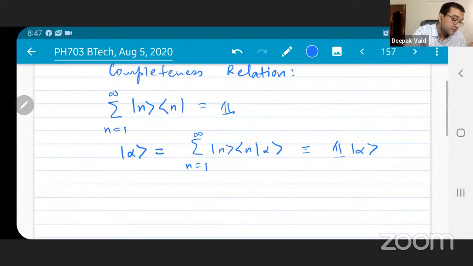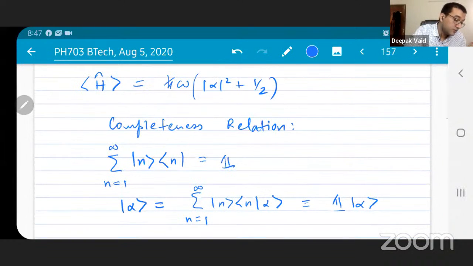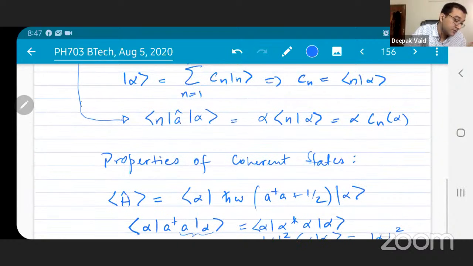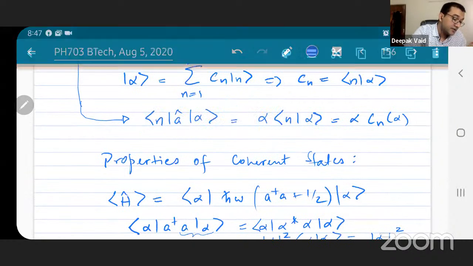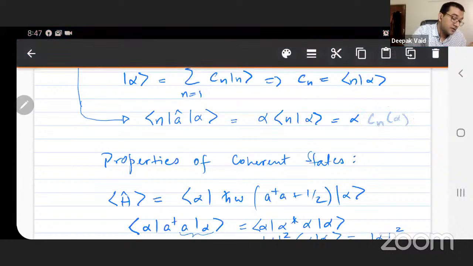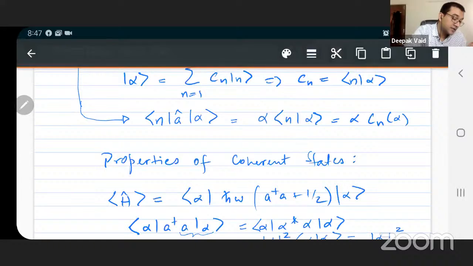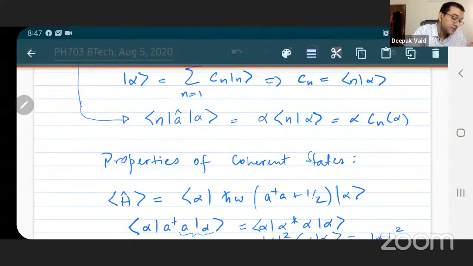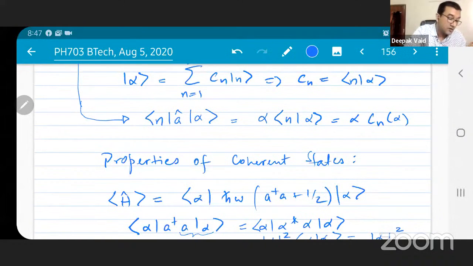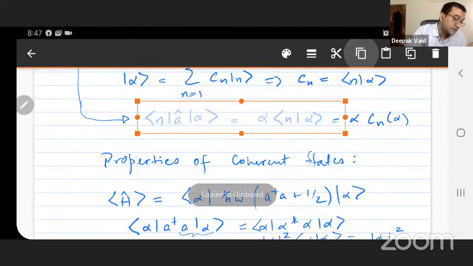Right. So now we go back to the previous expression I remember, right? And I said that this C of n is equal to this ⟨n|alpha⟩, which is equal to this expression. So now we can use this expression.